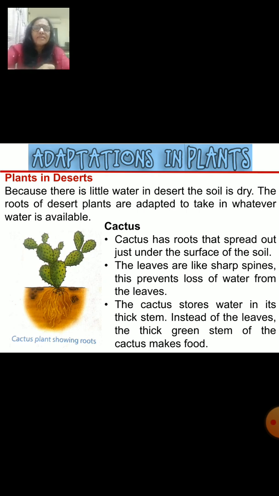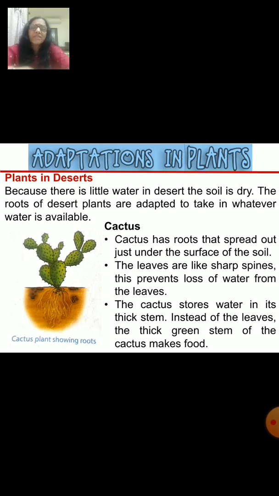The soil is dry with little water, and the water is also much below the soil. So the roots of desert plants are adapted in such a way that they take in whatever water is available. The example of a desert plant is the cactus, as you can see in the picture.